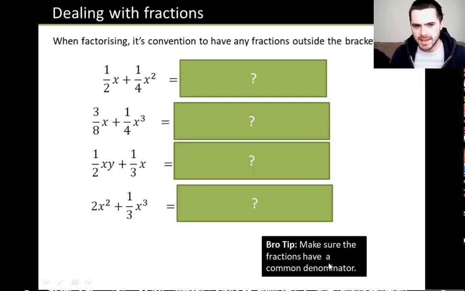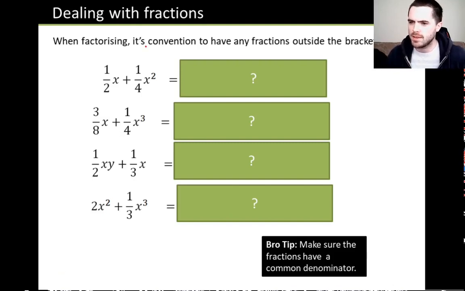And that is dealing with fractions. Me personally, I don't think that's too tricky, he says, because there is a really nice way of dealing with it. Let's have a look at, say, for instance, this half x plus quarter x squared. The first thing that I would suggest is, as you're probably used to with adding and subtracting fractions, make the denominators the same.